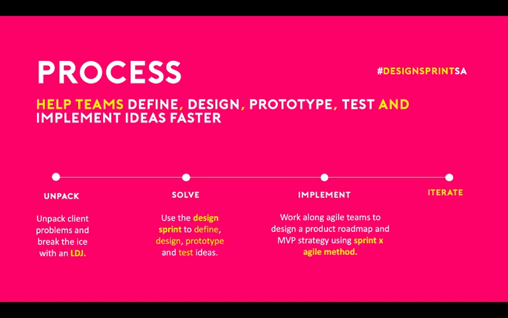Those kind of things will usually involve a lot of money and a lot of development time, and the design sprint is really a way to solve for those big problems and validate the ideas that we come up with, and see if we can get as close as possible to the mark that we're trying to hit. And I'll share with you how I apply the design sprint a little bit later in the session.